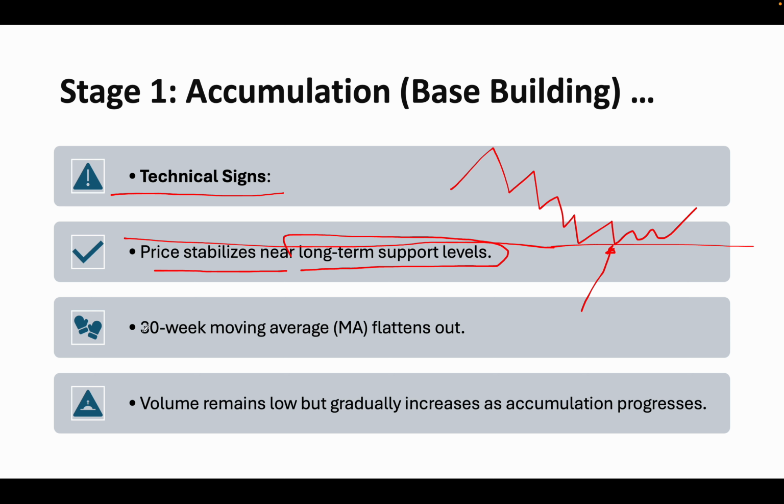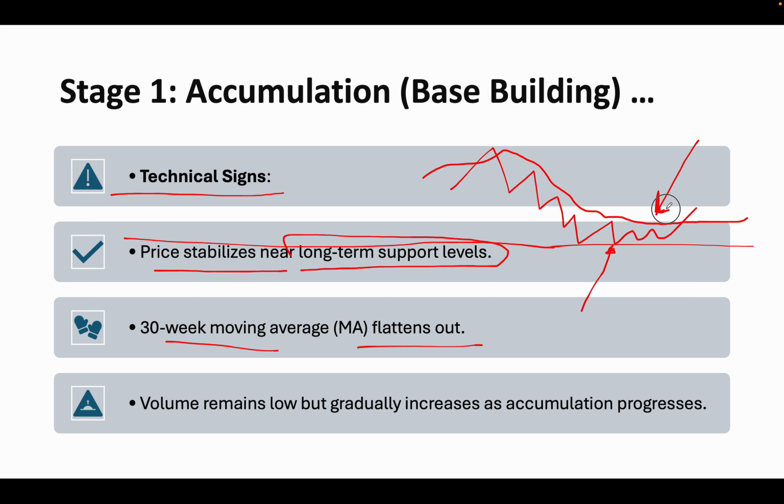Second, the 30-week moving average flattens out. Let's say we have a 30-week moving average like here, which is continuously falling, and now here it starts flattening, like this. Here this moving average is flattening in this area.